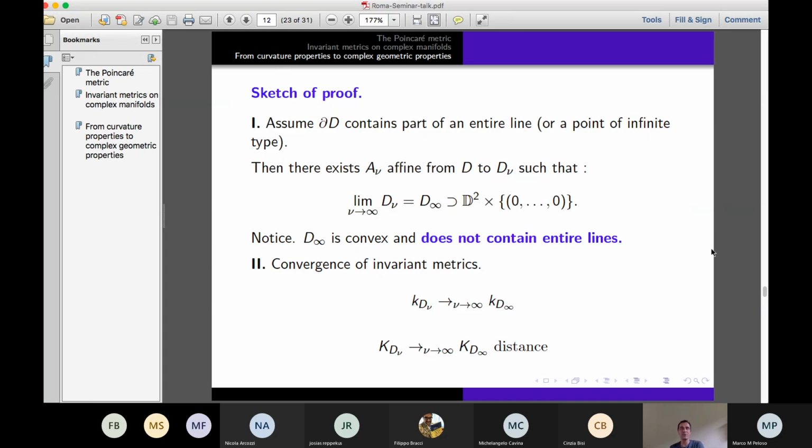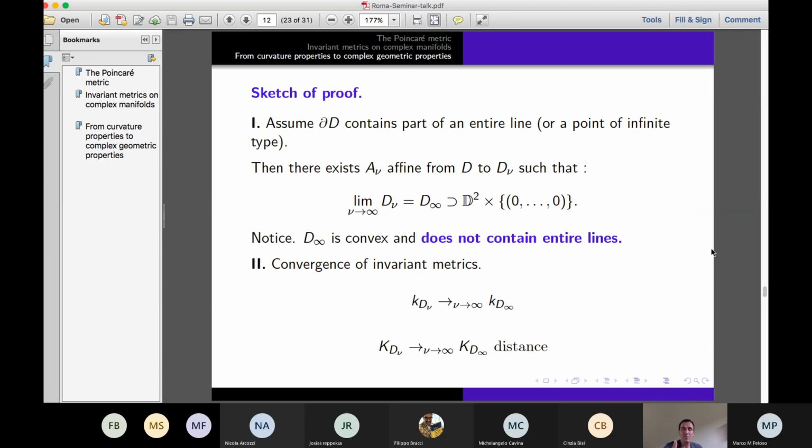There are essentially 4 steps in the proof of the fact that it's pseudoconvex of finite type. The proof will be by contradiction. So assume that the boundary contains part of an entire line. Since your domain is convex, it means that it has a point of infinite type. It will be the same.